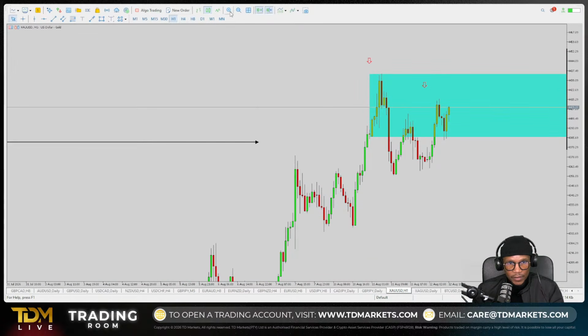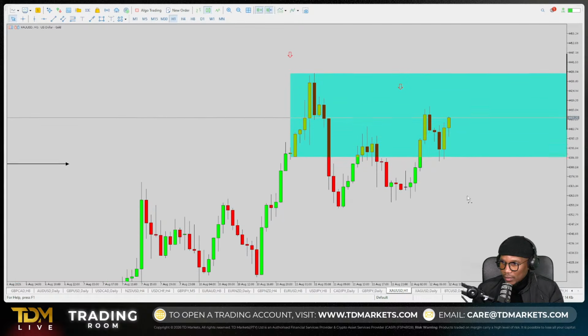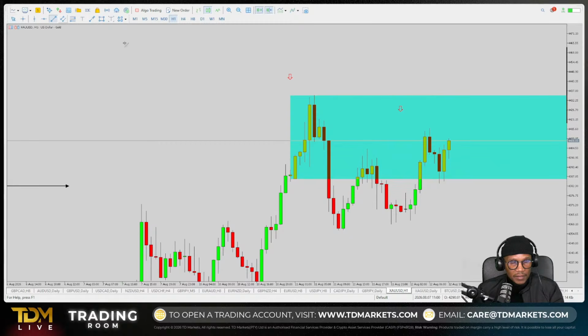On the lower time frames, on the 1 hour, this is how it's looking. We still have this supply zone here.